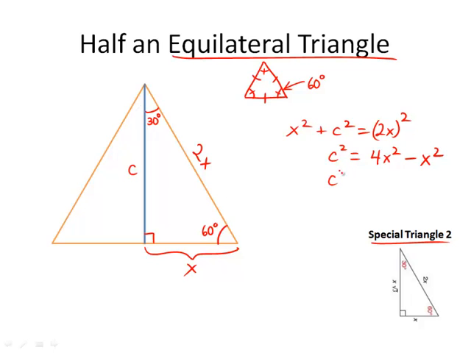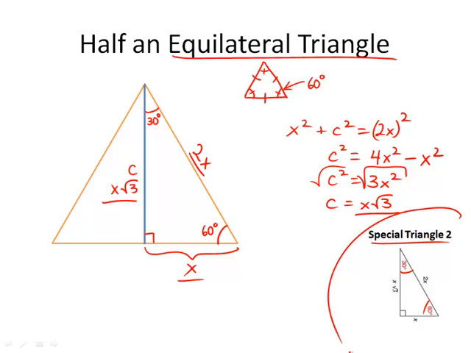So that gives us c squared is equal to 3x squared. Therefore, if we root both sides, we get c equal to x root 3. So that gives us a new set of proportions for any 30, 60, 90 triangle, and that's our second special triangle.